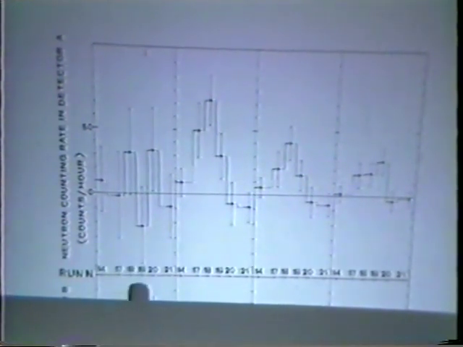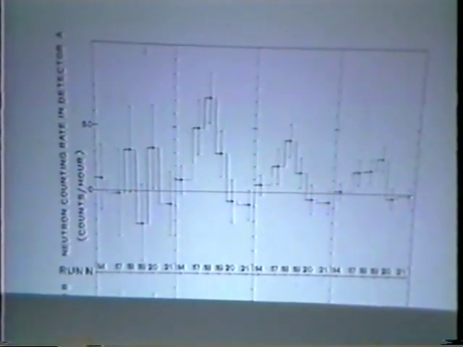Runs 17 to 20 correspond to the period where the cells were operating, and from runs 17 to 19 one sees that detector A records a significant signal-to-noise increase, which disappears during run 20, while the cells were still under operation.